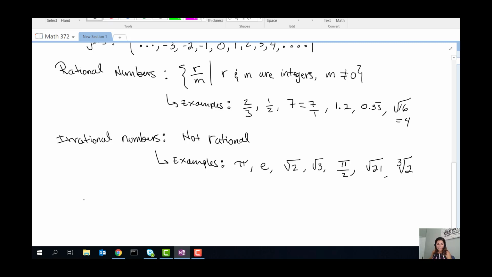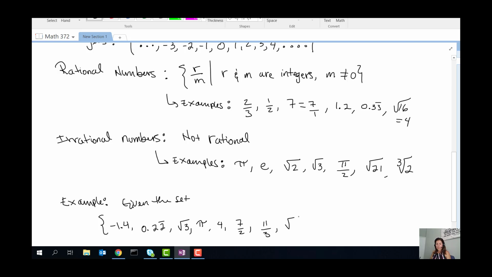So some things you might see is if I give you a set, let me write it over here: negative 1.4, 0.22 repeated, square root of 3, pi, 4, 7 halves, 11 thirds, let's say the square root of 27, and let's say that's it.